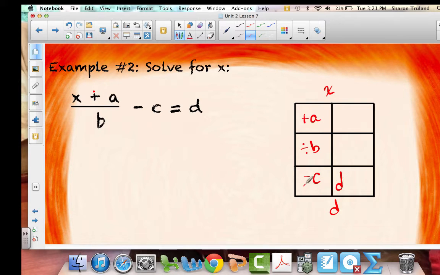We'll do the inverse operation of minus c, which is plus c. We'll do the inverse operation of dividing by b, which is we're going to take this d plus c and multiply by b. And then the last inverse of adding a, we're going to subtract a. And that should get us back to what x is.